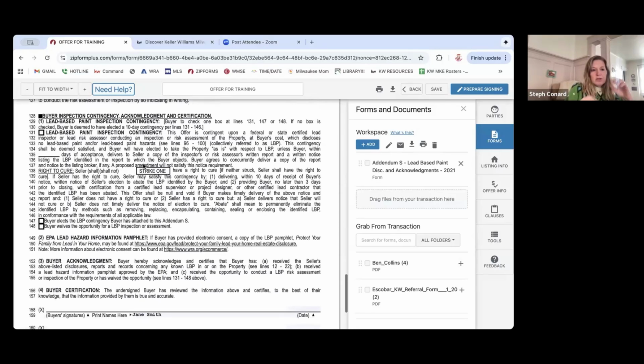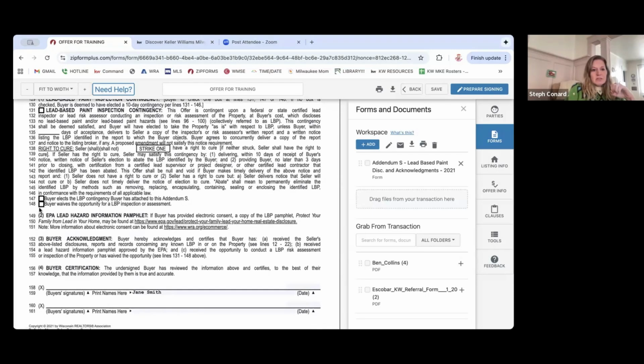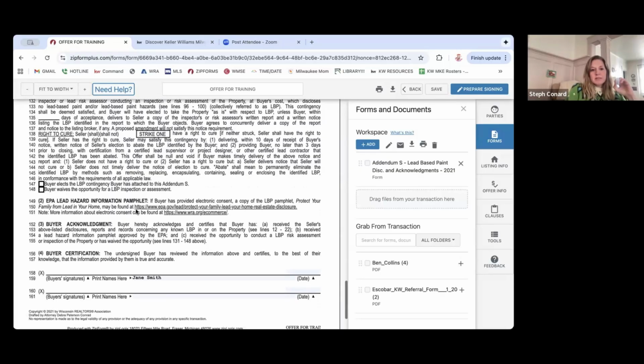And below is where they're going to indicate whether or not they want to include a lead-based paint inspection contingency. They can mark that on line 131. And then they're going to also mark 147 if they want to do a lead-based paint test as a part of their offer. If the buyer is going to waive the opportunity for lead-based paint inspection or assessment, then we're going to mark line 148.